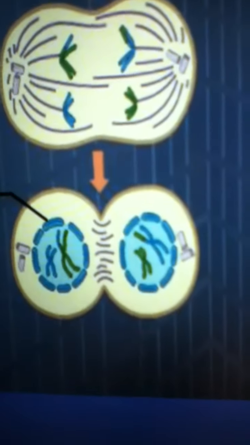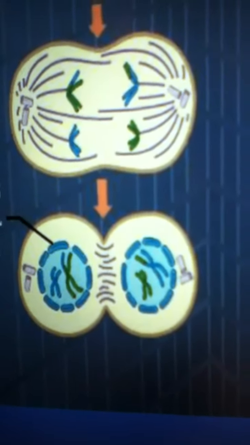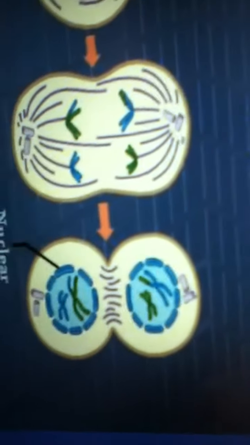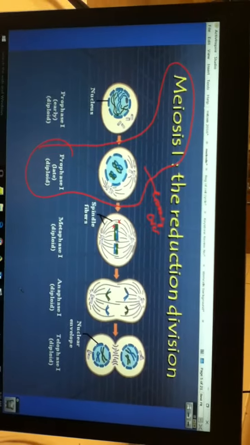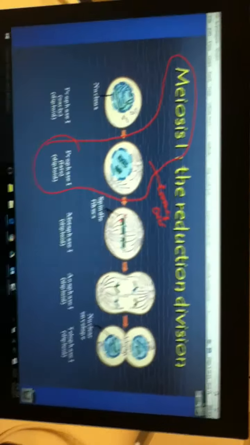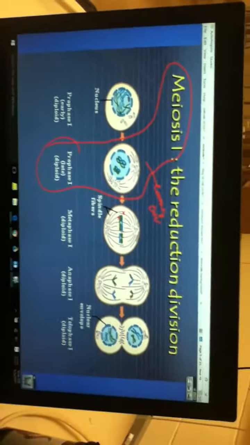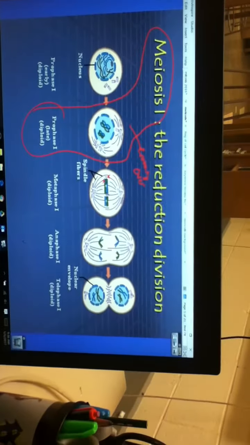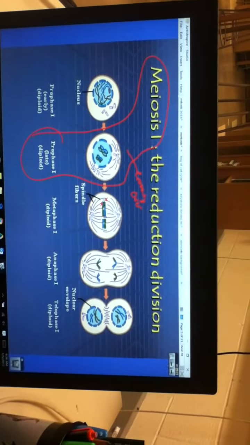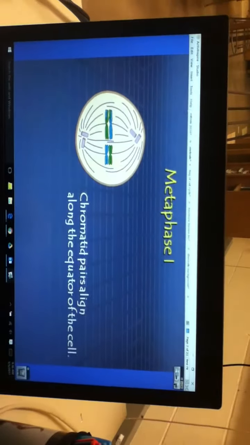See how there's 4 in there? And each of these have 2. So we've reduced our number. We've also scrambled our information a little bit. So that's meiosis 1. The real important part there to think about is the crossing over that occurs in prophase of meiosis 1.